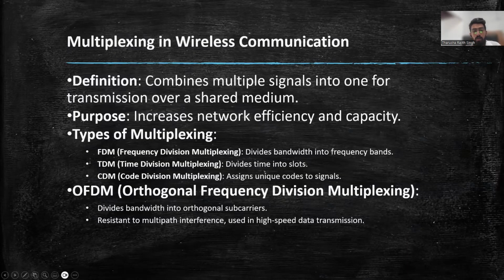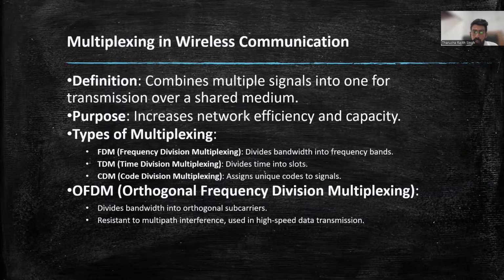Okay, now we'll move on to multiplexing in wireless communication, a technique that allows multiple signals to share the same communication channel, increasing the efficiency and capacity of the network. So, what is multiplexing?